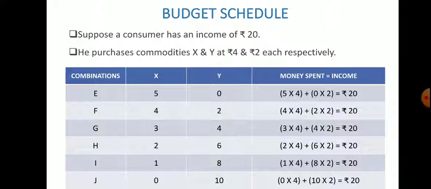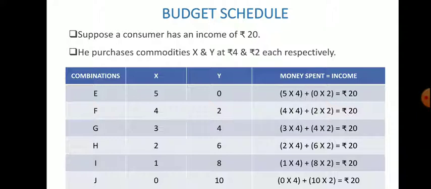Okay, that will also come under this set, but here especially I have calculated it in such a way that you can see the combinations' names in the first column, then how much quantity of x and y the person can purchase in the second and third columns respectively.